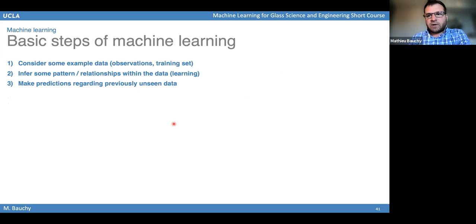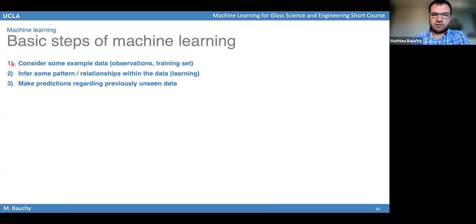So I think there are three main steps that you need to follow when you work with a machine learning model. The first thing is that you will need some data. Since everything about machine learning is that you never learn anything based on some pre-existing rules, you only learn by observing data.